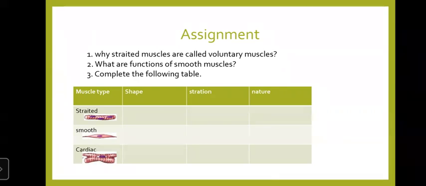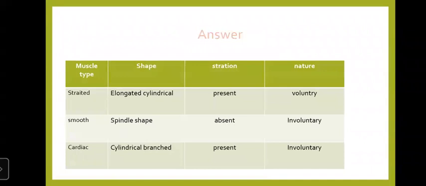What are the functions of smooth muscles? They are found only in the internal organs. So movement of the internal organs like the digestive tract, reproductive tract, blood vessels, and iris of the eyeballs is brought about by the smooth muscles. Next is to complete the following table. Here is the answer for this.